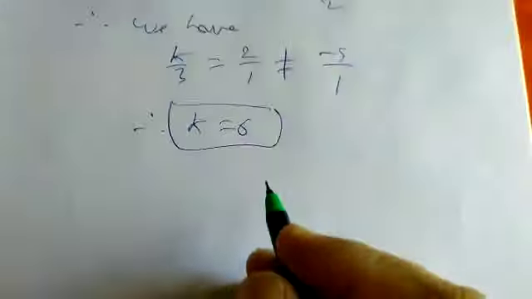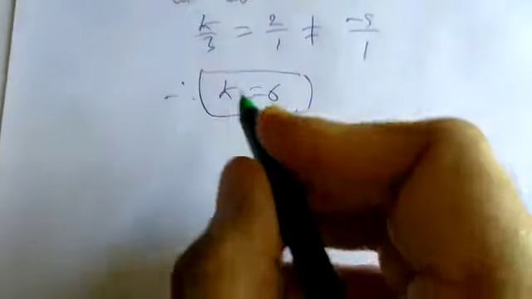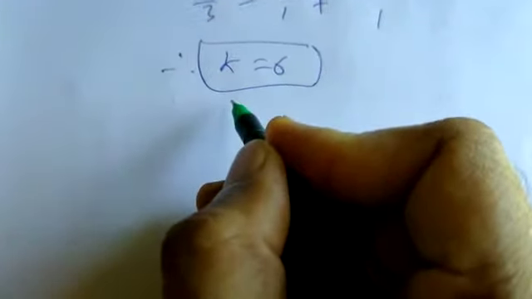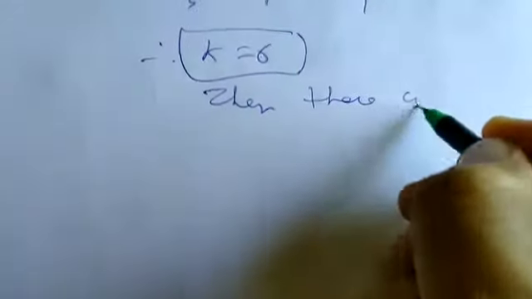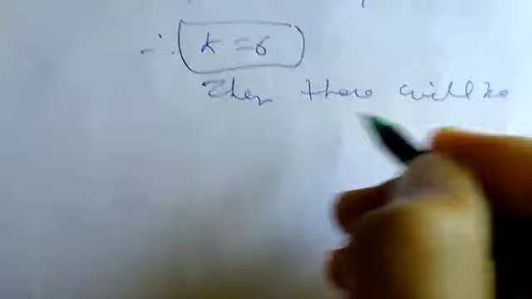For c1 by c2, first of all we have to bring this 5 to the other side, because we can compare only if in both equations the right hand side is 0. So when this goes to the left hand side, it will become minus 5. So we get c1 by c2 is minus 5 by 1, since c1 is minus 5 and c2 is 1.